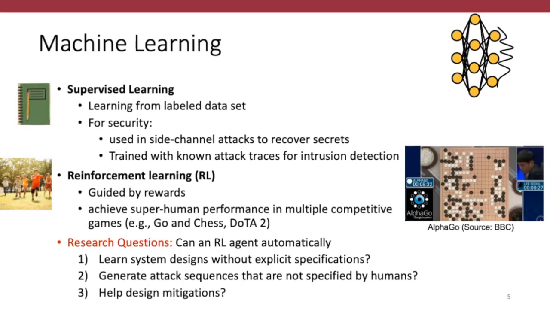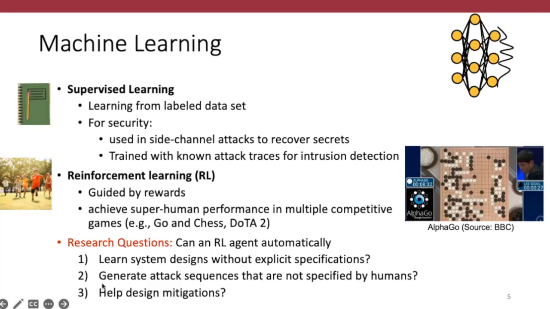So when I talked with Chris and Yuandong, we came up with this question. Can we use reinforcement learning to automatically learn system design without knowing the system design, taking the system design as a black box? Can we let the RL agent learn the vulnerability in the system?